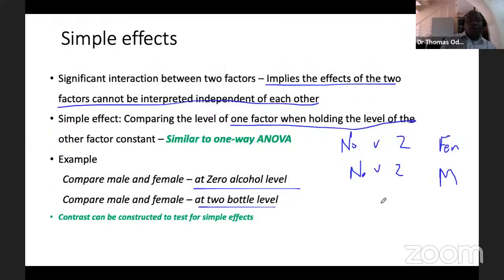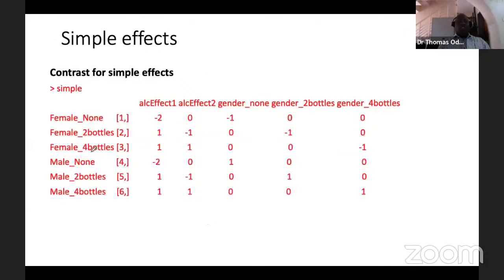Okay. So what we are trying to do here is construct a test for simple effect. So I'm going to introduce here, for example, let's say we can compare female for none. Let's look at this.